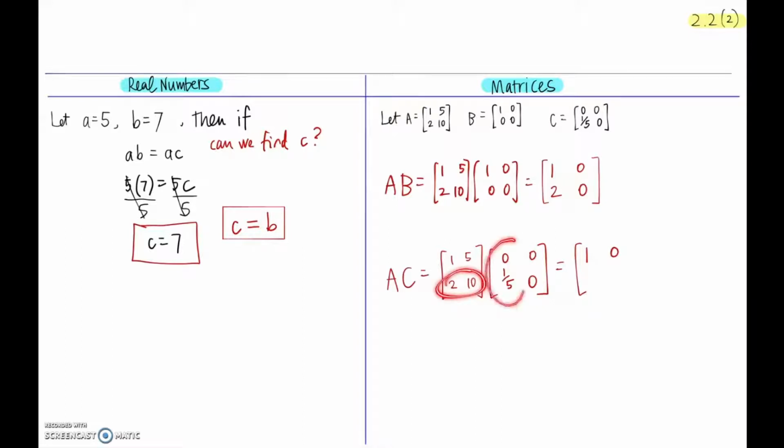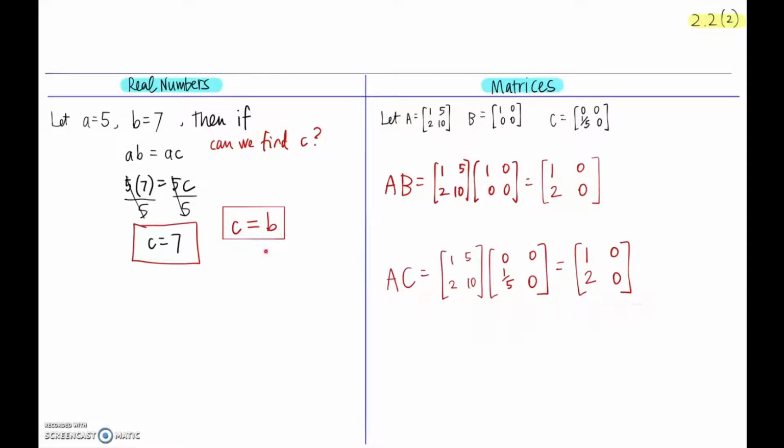And this row and this column, okay, 2 times 0 is 0, 10 times 1/5 is 2. And then this row and this column, we get all zeros. So this is something new. We see that A can be multiplied by something and get a matrix, and then you multiply A by a totally different matrix and get the same matrix.